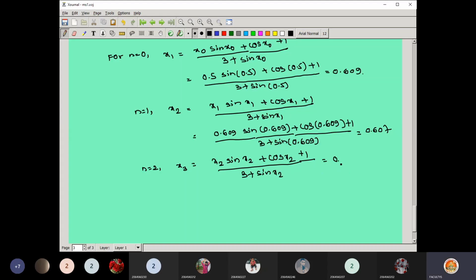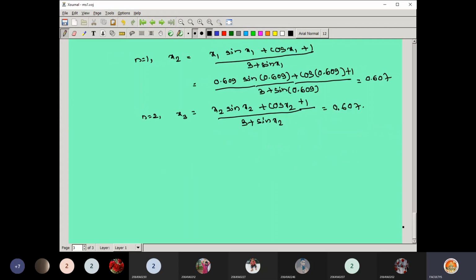Will you get the same or different? 0.607. Okay, so 0.607. Because you are getting same values, you can stop the process and you can make a statement.